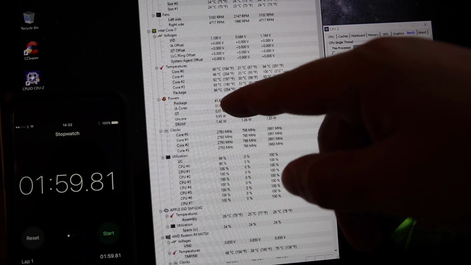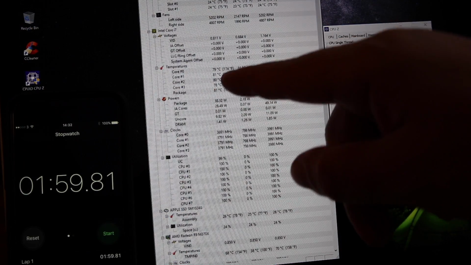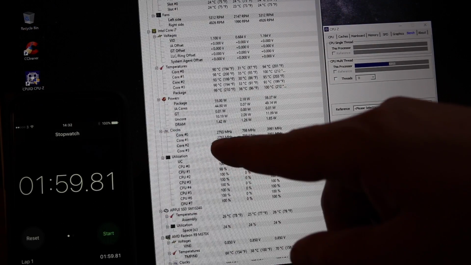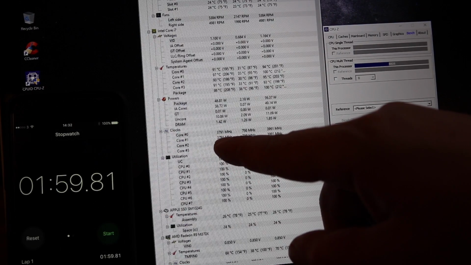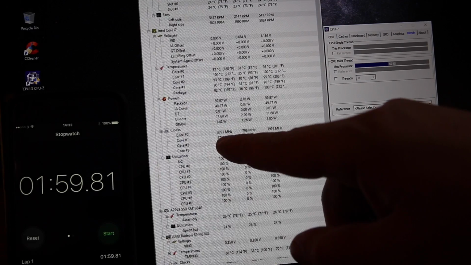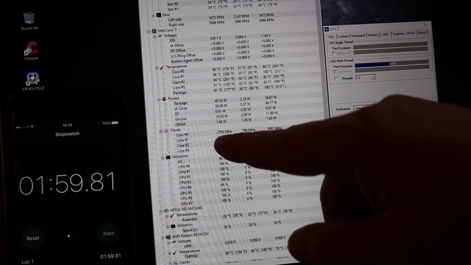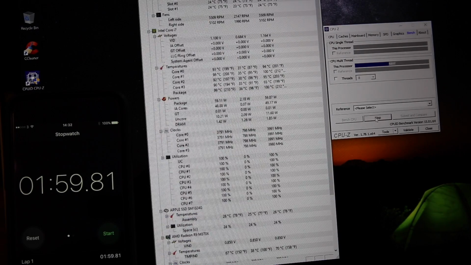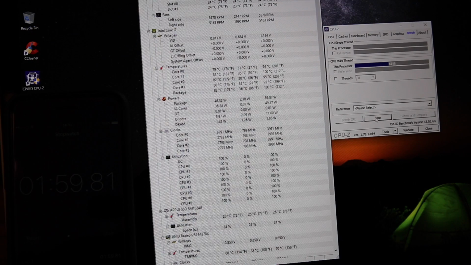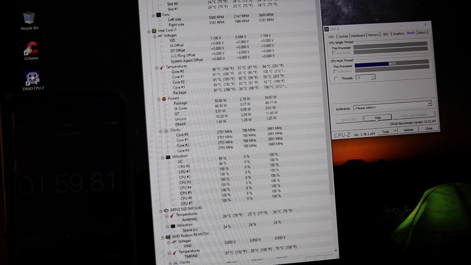The temperature is around 90 degrees, 94, 100 degrees, and the clock is going down, even under the base frequency of 2.8, so it's going down to 2.7. So it's like 2 minutes. That's what you have, 2 minutes.